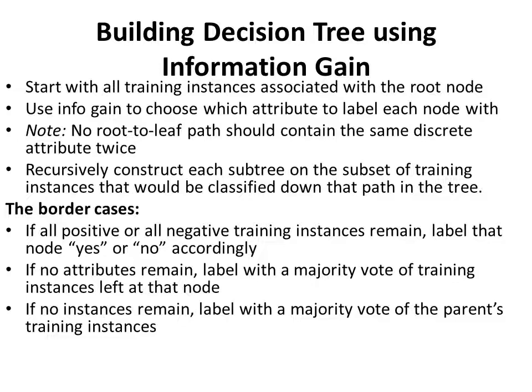Finally you will obtain the decision tree. The border cases are: if all positive or all negative training instances remain, label that node yes or no accordingly. If no attributes remain, label with the majority vote of training instances left at that node. If no instances remain, label with the majority vote of the parents' training instances.